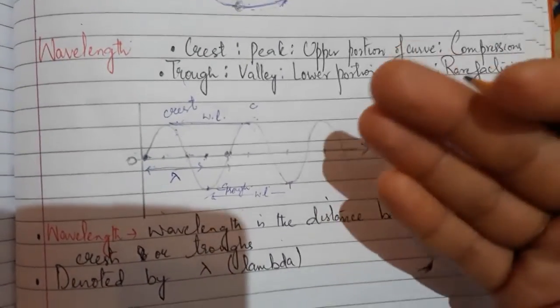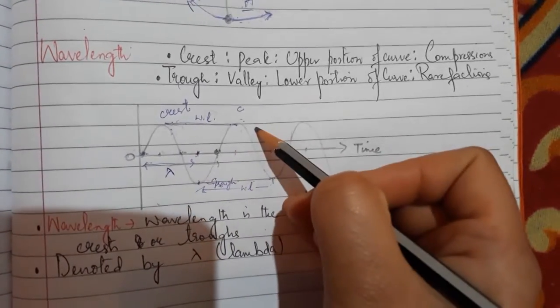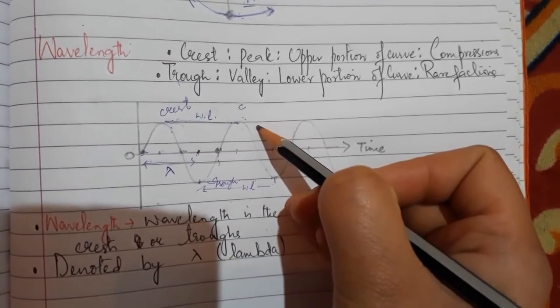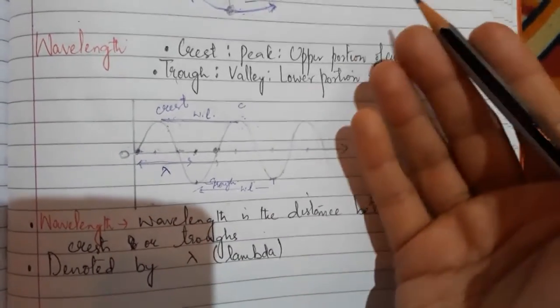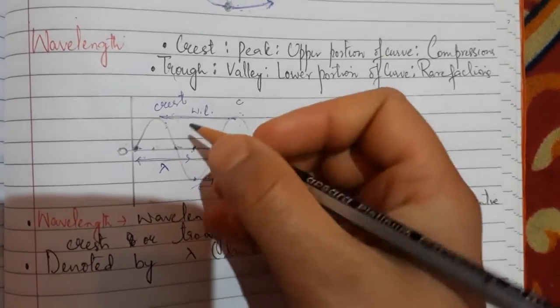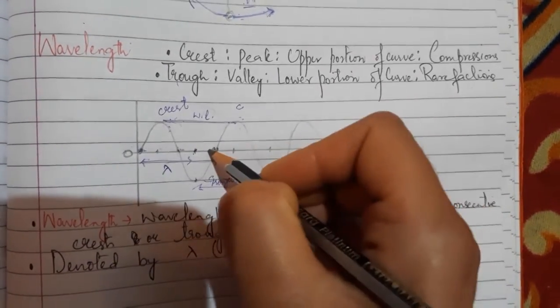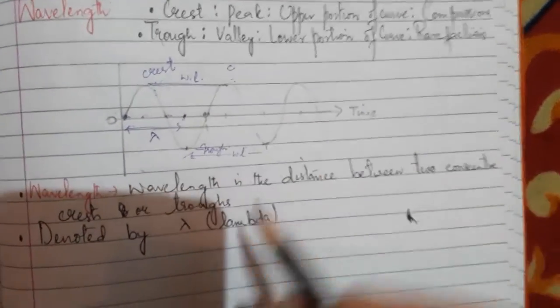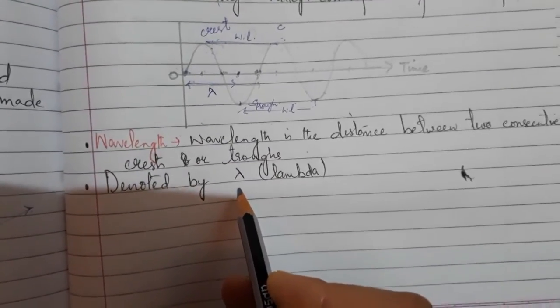If we measure the wavelength, the distance between two crests is the same as the distance between two troughs. You can also say that the distance between one crest and one trough is also termed as wavelength, and wavelength is denoted by lambda, and it's measured in meters.